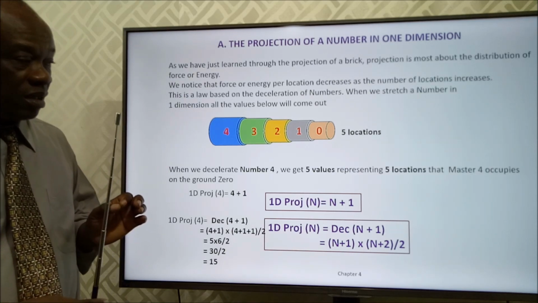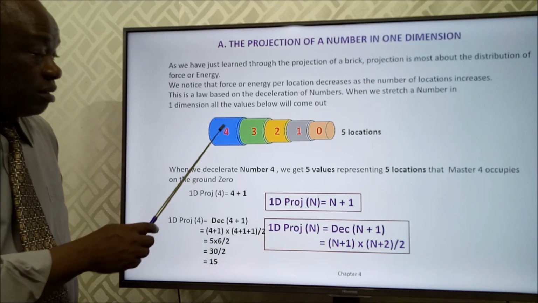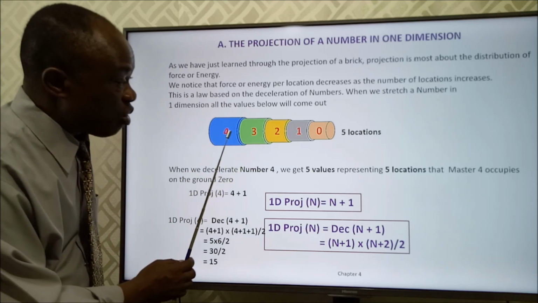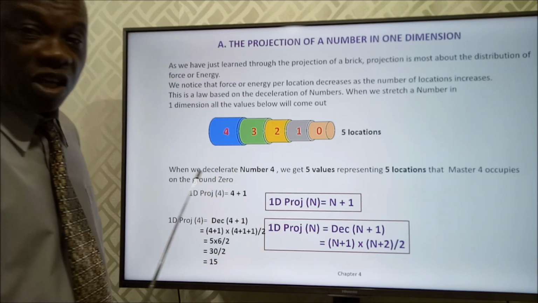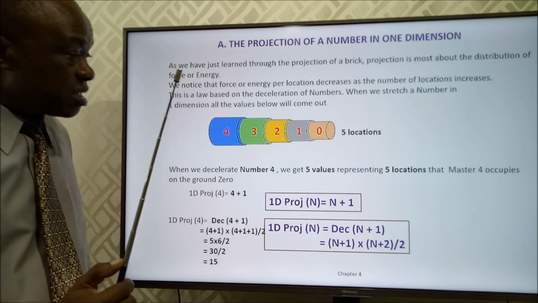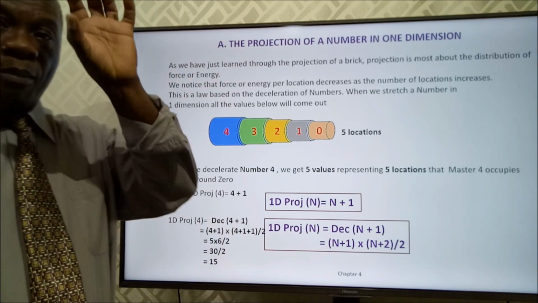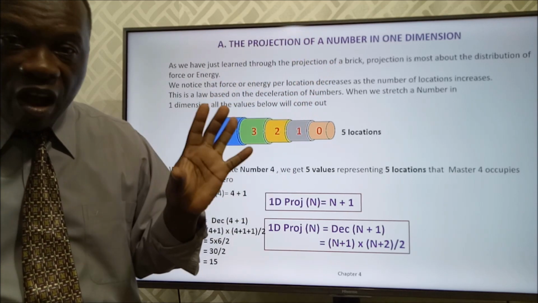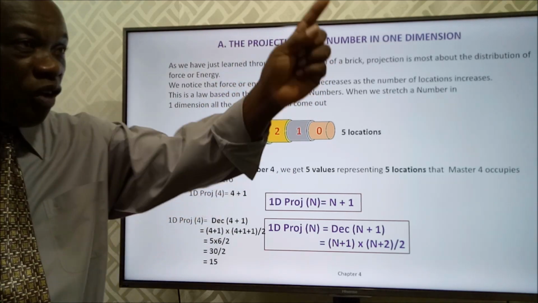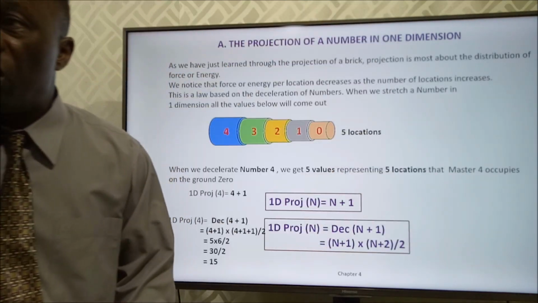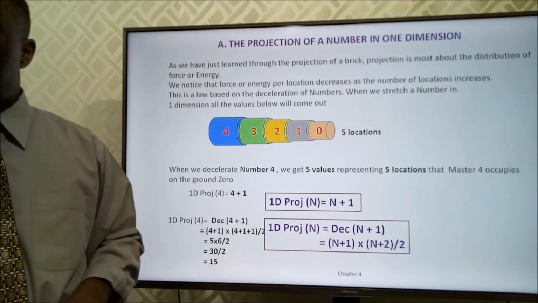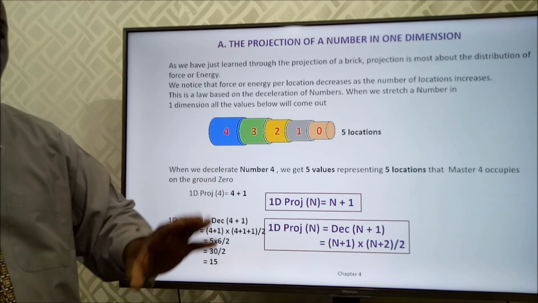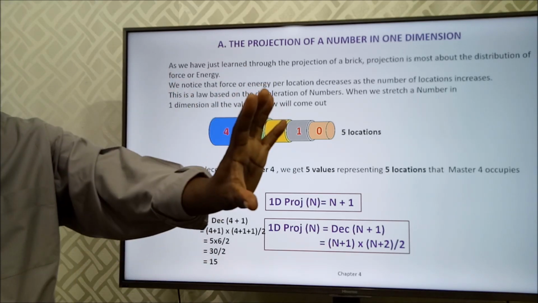And here we have this number 4. It gives us 5 locations. So it means if you have number 4 and you project it, you have only 5 locations that will appear on the floor, on the wall, on the screen, whatever is your target.